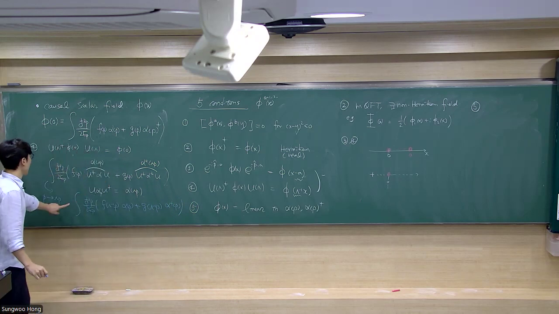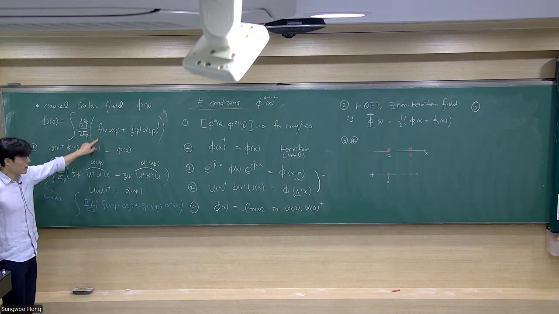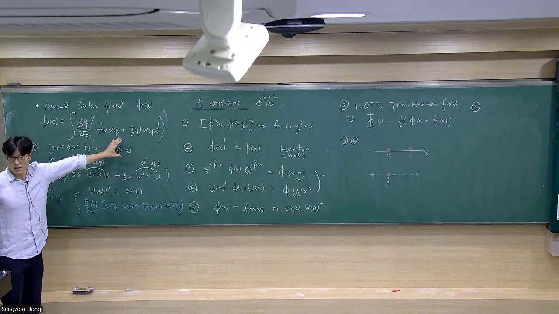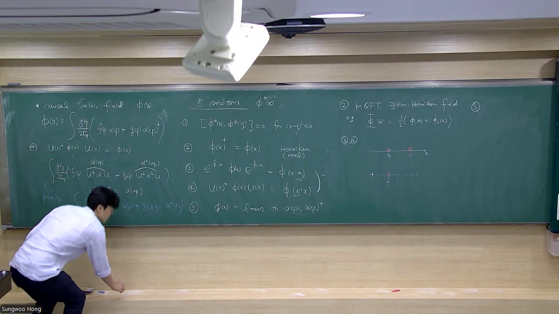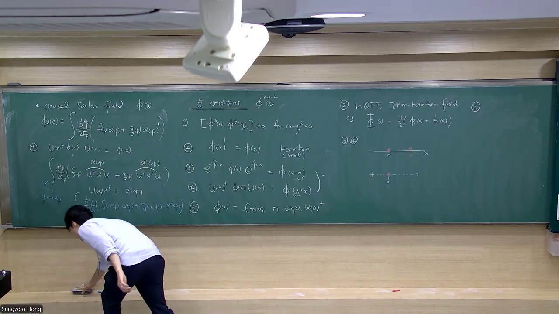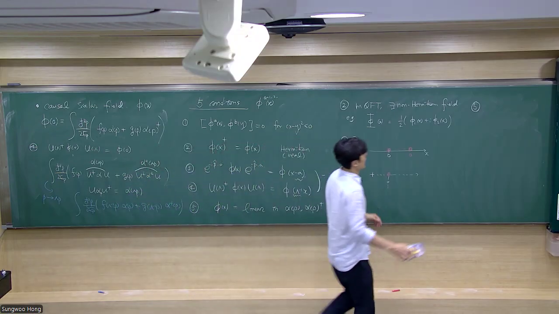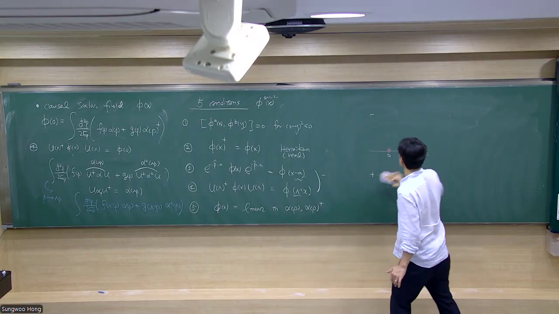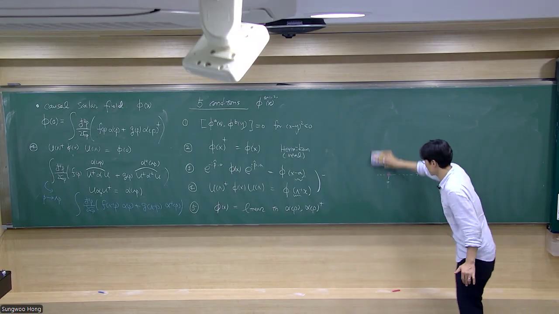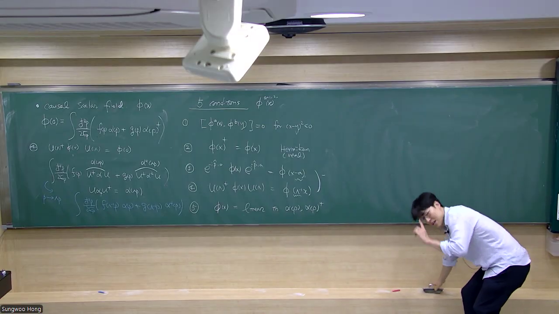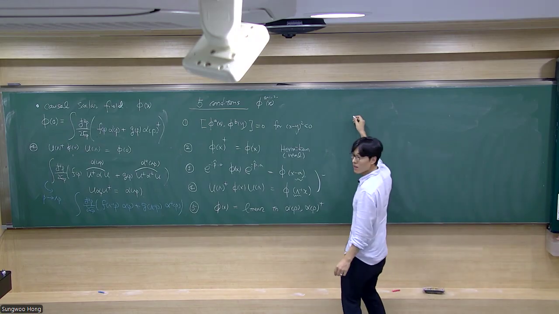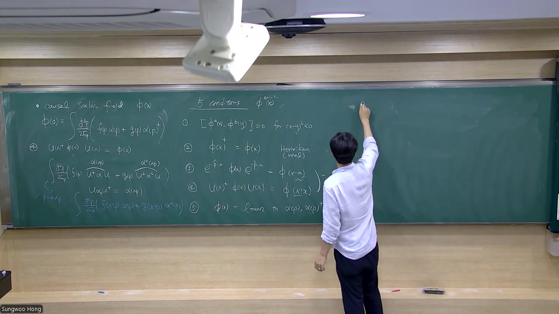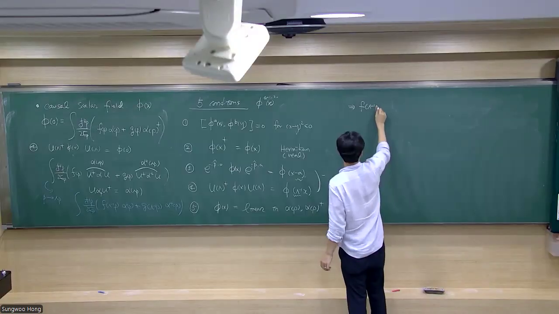And that expression had to be the same as the original field, right? That's the condition. So from this, we learned that the coefficient function has to be what? Lorentz invariant function. Correct? Therefore, we learned that this function had to be Lorentz invariant.